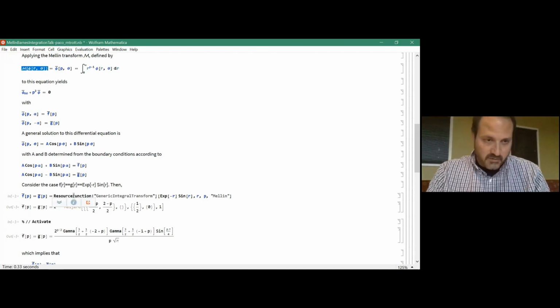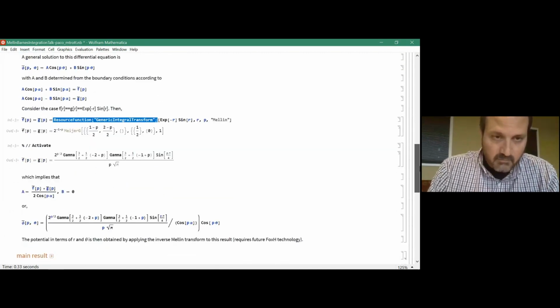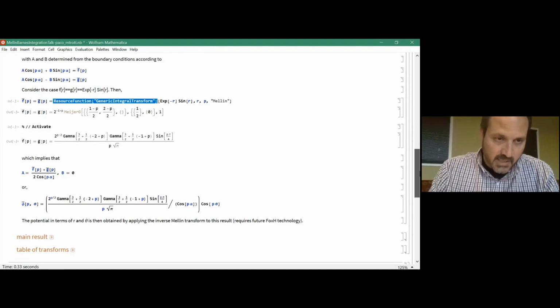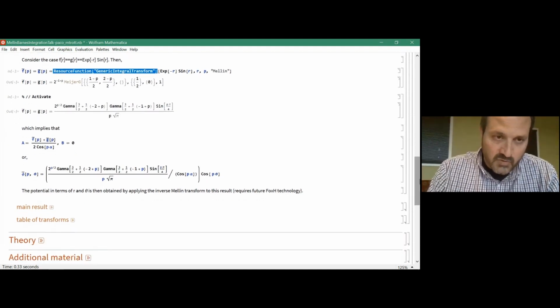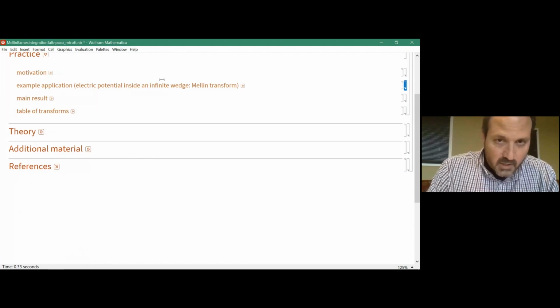And so that's the point of this project. We developed a resource function highlighted here to compute Mellin transform, and actually almost 24 different types of integral transforms, which are useful for solving problems like this. And you can read more of the details if you're interested.